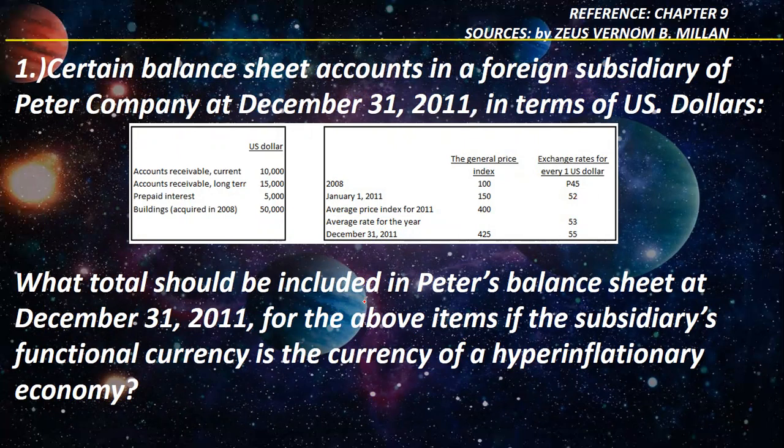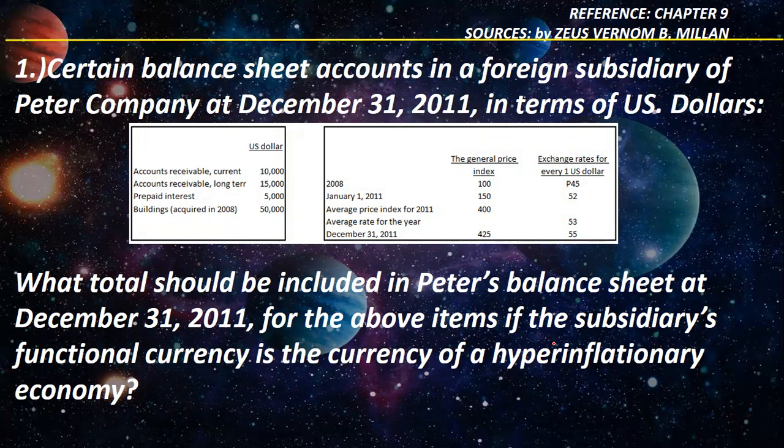Now, what total should be included in Peter's balance sheet at December 31, 2011 for the above items if the subsidiary's functional currency is the currency of a hyperinflationary economy? It says the subsidiary is under a hyperinflationary economy. Remember the indicators for hyperinflationary economy.